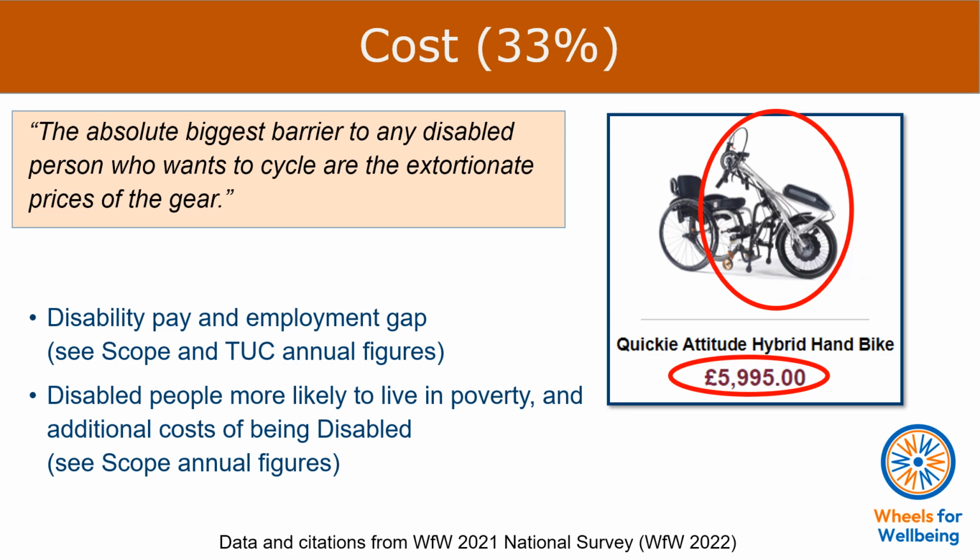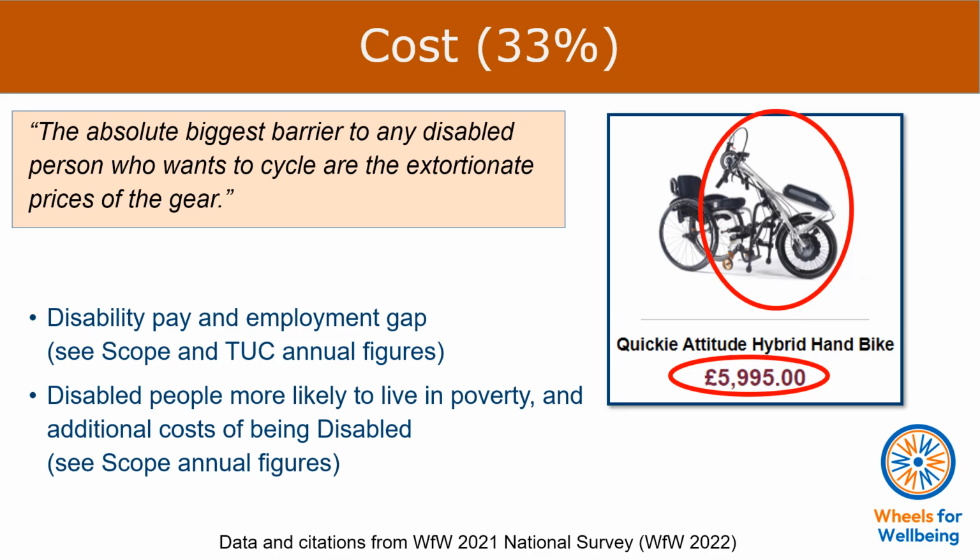We also know that because of what is called the extra costs of being disabled, the fact that when you're a disabled person, you need to pay for additional equipment, additional services, the fact that public transport might not be accessible, so you have to use taxis and so on, means that there is a price tag on disability, which, coupled with the pay and employment gaps, means that disabled people are more likely to live in poverty than non-disabled people.